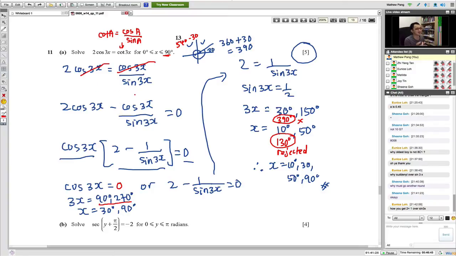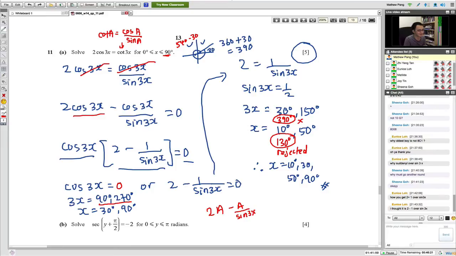How do you get 2 equals to 1 over sine 3x? Because I factorize out the cos 3x from here and here. You imagine, I take out cos 3x from here, and I take out cos 3x from here, then I left this thing. If you cannot imagine, maybe I write A, 2A minus A over sine 3x.